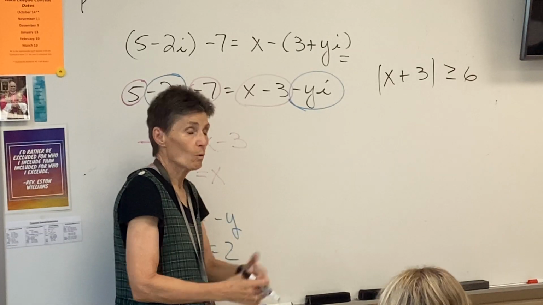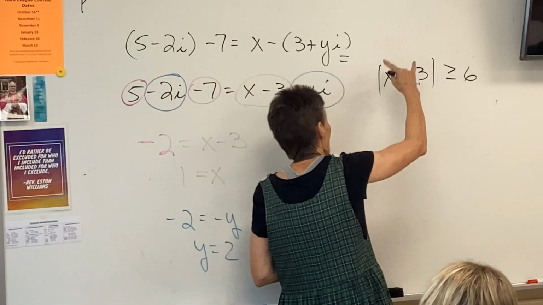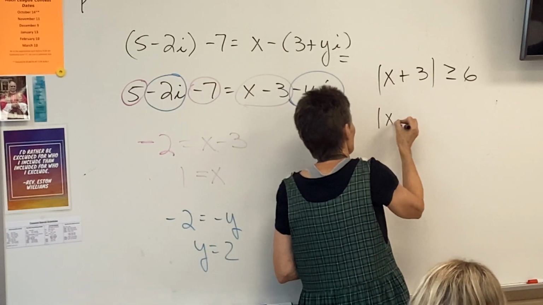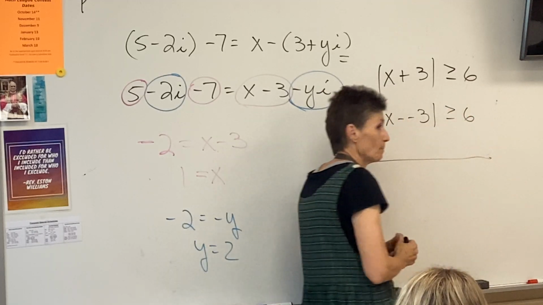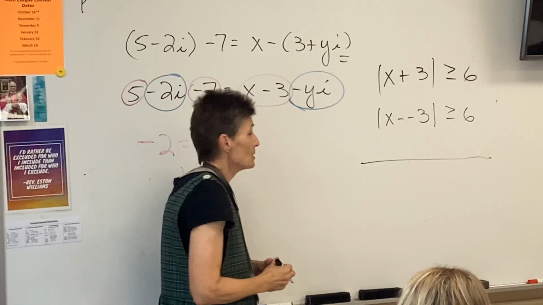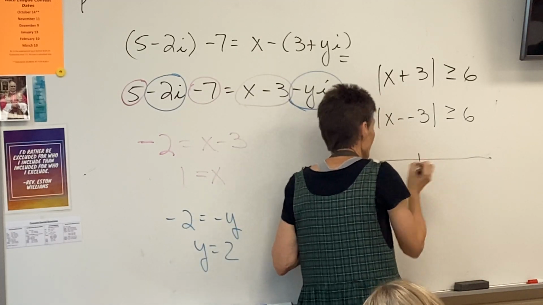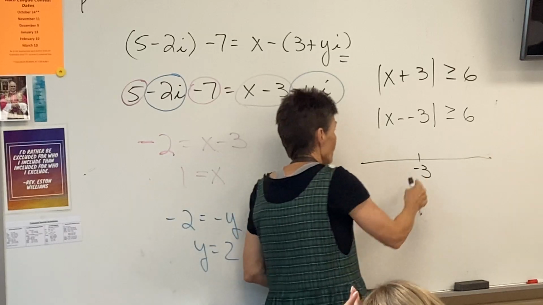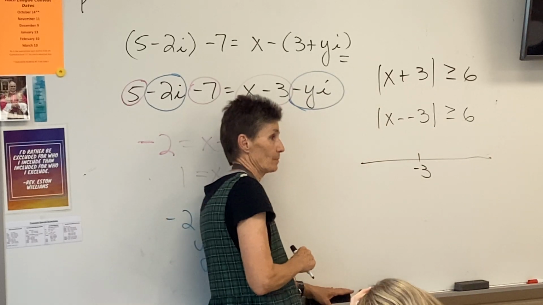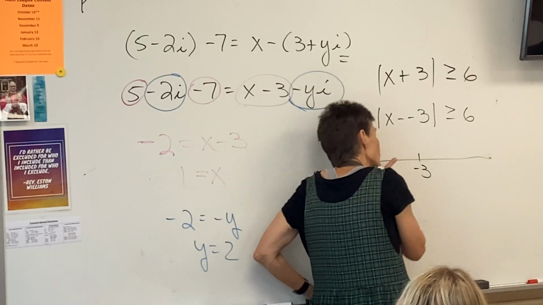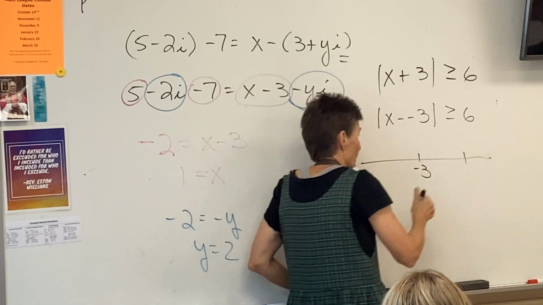We talked about this before, I hope that you're getting an understanding that absolute value of a difference is distance on the number line. So this problem literally says the distance from -3 is more than 6. So if I go 6 this way, where would I be? 3.